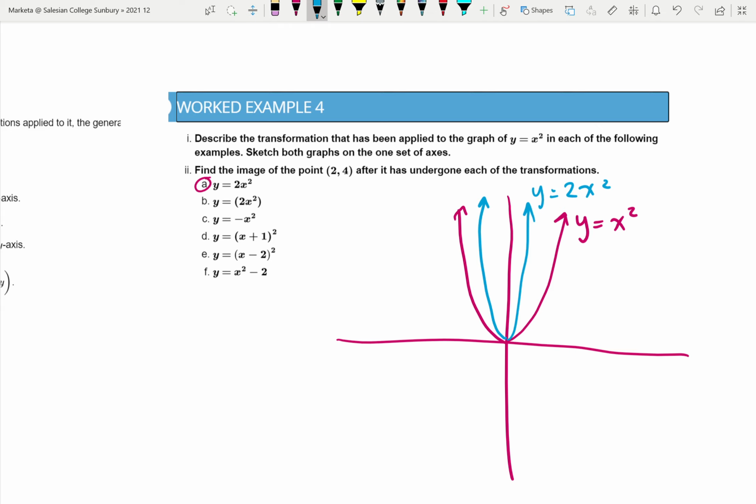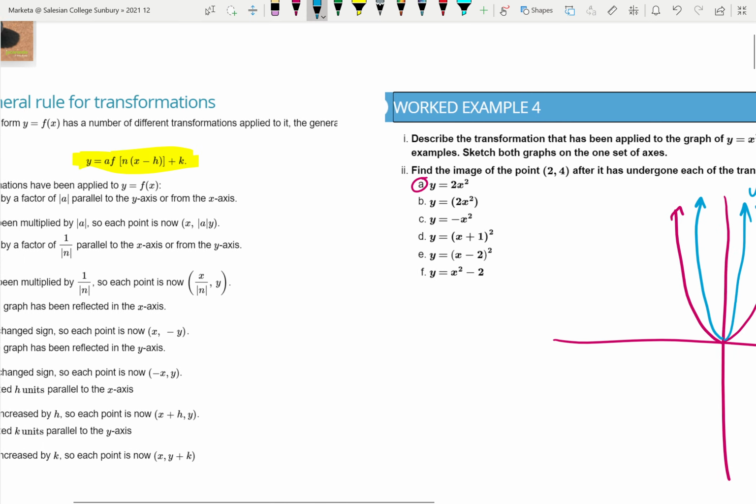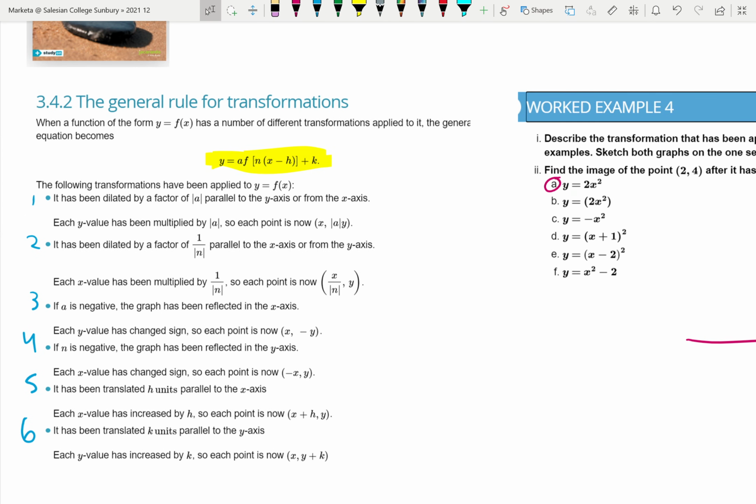Now, if we refer to the list over here, we see that this 2 is represented by A, and I should probably color code them. So it's represented by A, and this is telling us it's been dilated by a factor of A parallel to the y-axis or from the x-axis. So you don't have to say both of those. You can say parallel to the y-axis, or you can say from the x-axis.